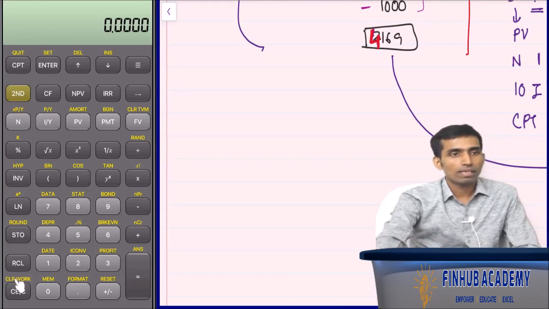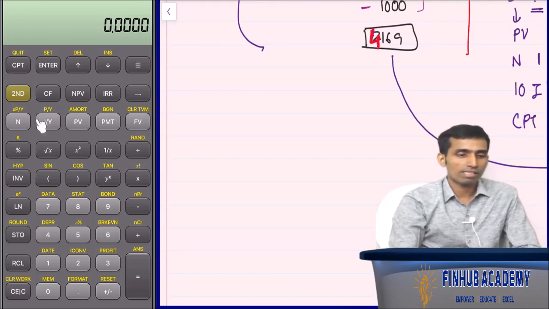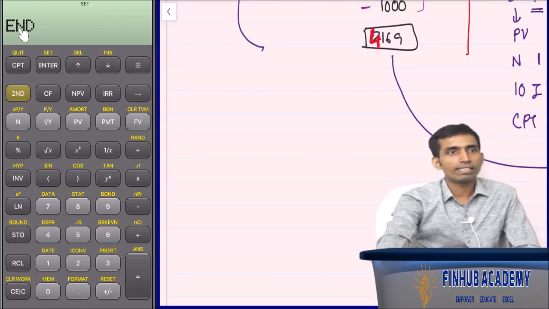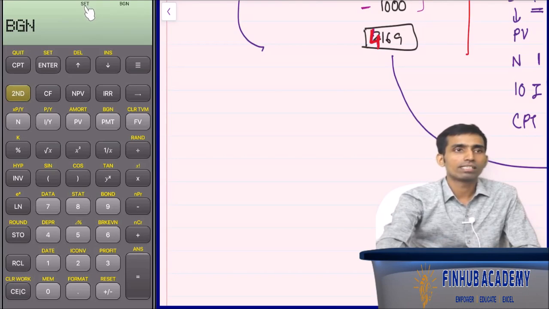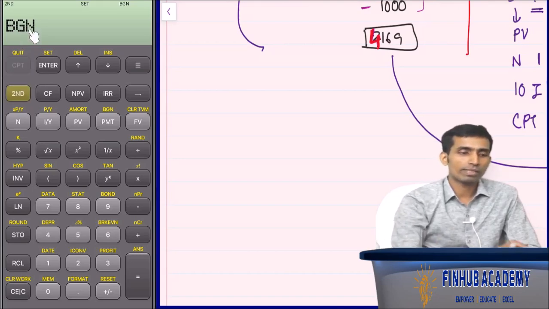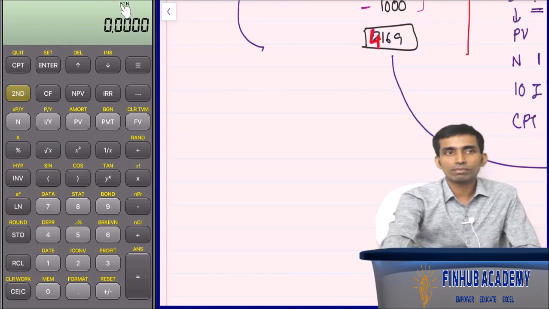Then I'll go to second PMT to see what it is showing. It is on END mode and it is showing set, means I have to press set to change this. So second, enter, second, enter. Here set is in yellow, so second, enter gives BGN, correct? Now I'll press second, quit. Now it has come into BGN mode. See, BGN mode.